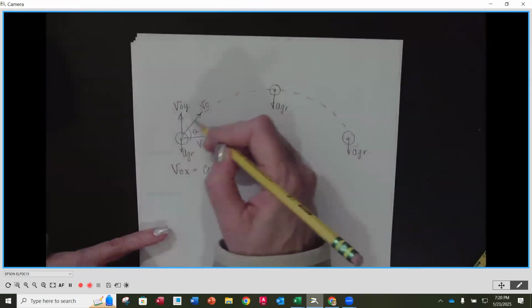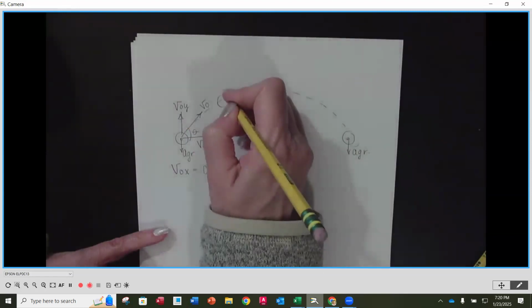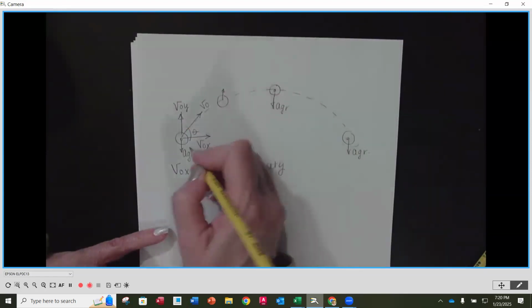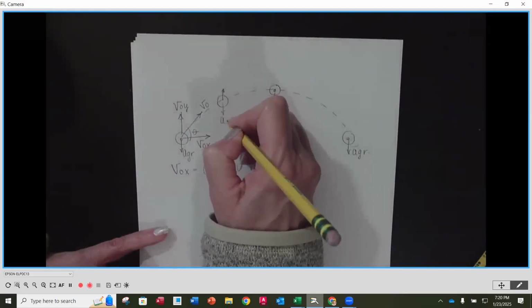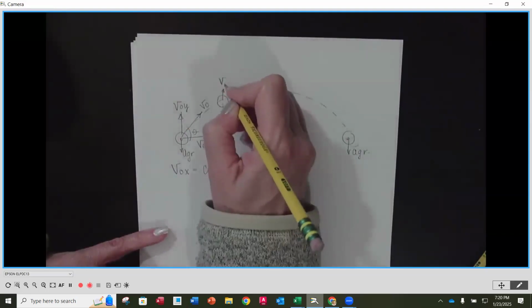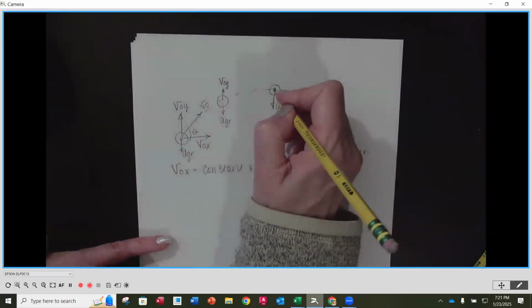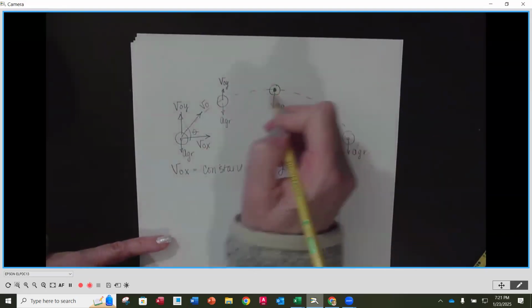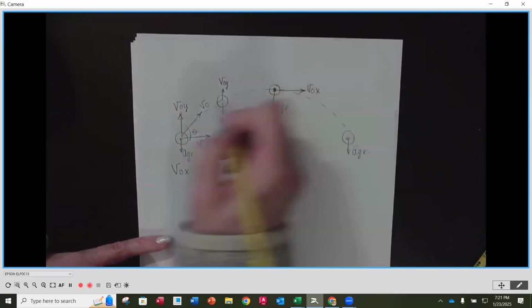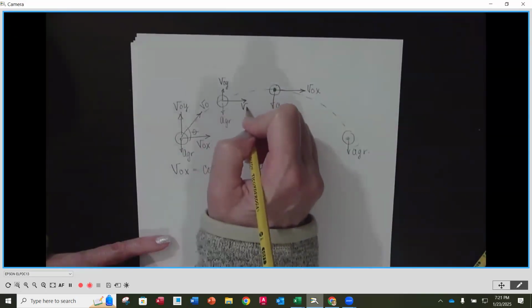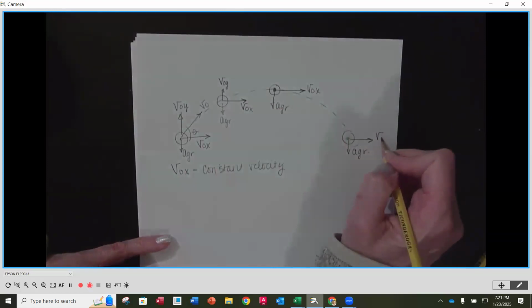As this goes up to its highest point, this vertical value continues to diminish, because for each second that goes by, it's slowing down because gravity is acting on it. So our original velocity in the y direction gets shorter until it's nothing here. At that point it's only moving horizontally, and this horizontal value remains the same for all of these positions.